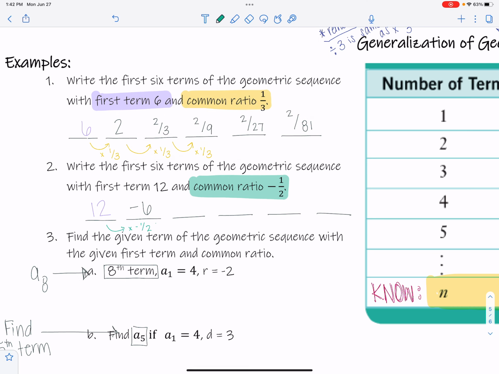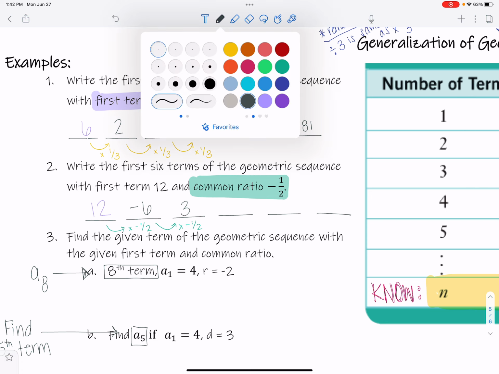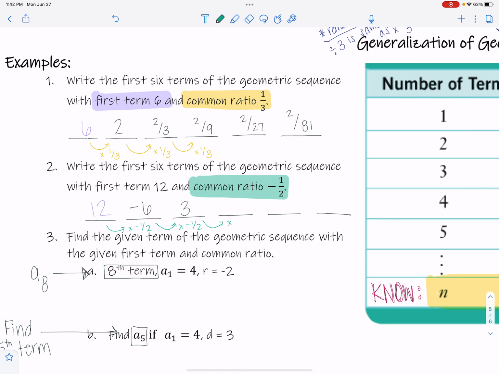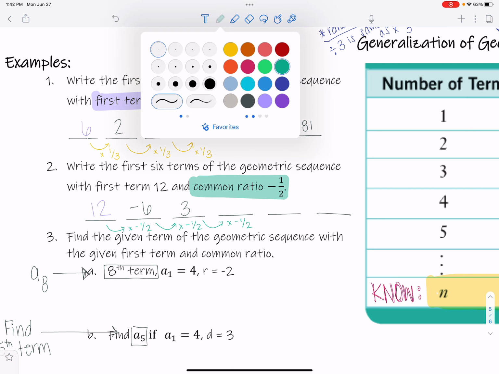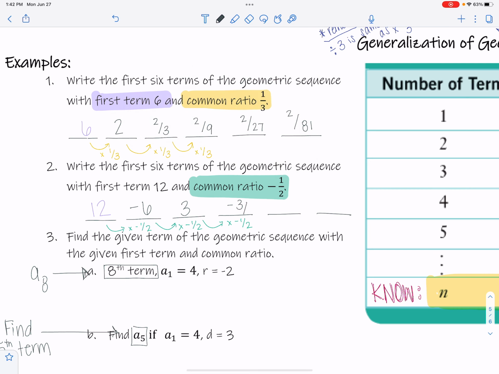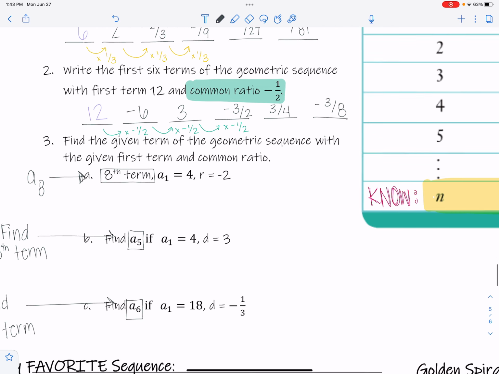My third term, -6 times -1/2, gives me +3. I multiply 3 by -1/2 and get -3/2, and I keep that going. -3/2 times -1/2 gives me +3/4. Multiply again by -1/2 and get -3/8. Those are my first 6 terms for that one. Again, write these as fractions. Don't write the decimal versions.